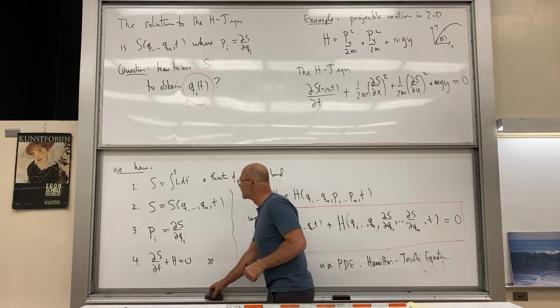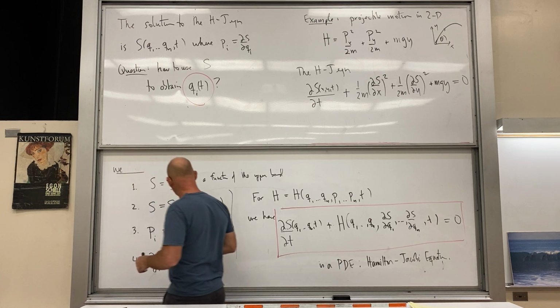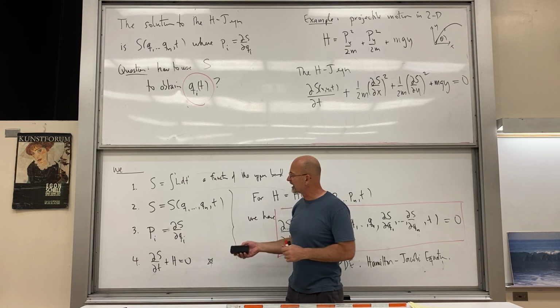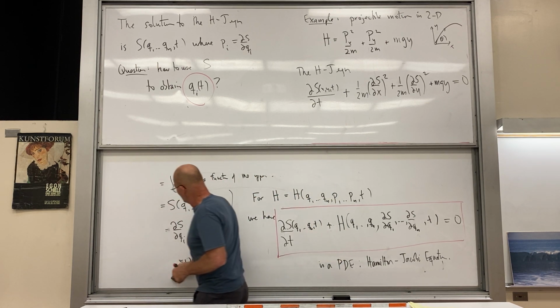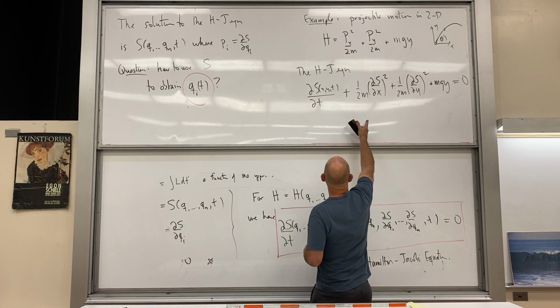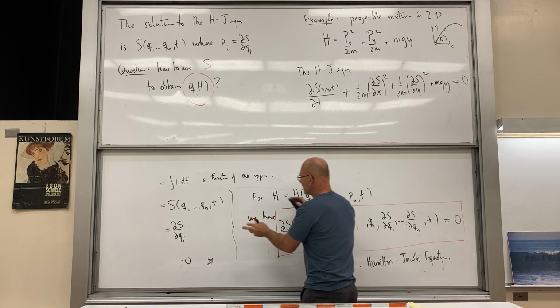So I will erase this now. So the next section, we're going to use some of this formalism and get another principle of classical mechanics called the principle of Maupertuis. So we'll use the formalism up to here, but not that differential equation. That comes later, but the stuff I had right up here we're going to use.